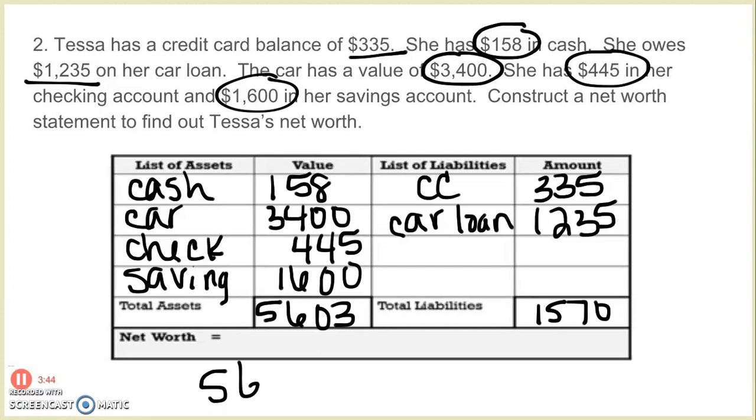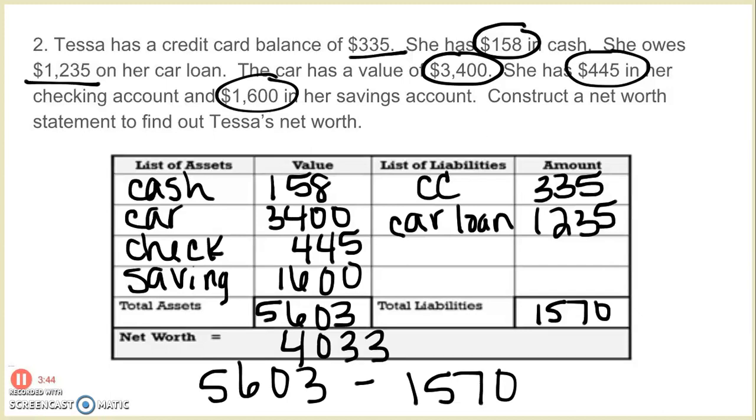So our assets was 5,603. Our liabilities was 1,570. Go ahead and subtract. And our net worth should come out to 4,033. All right, moving on to number 3.